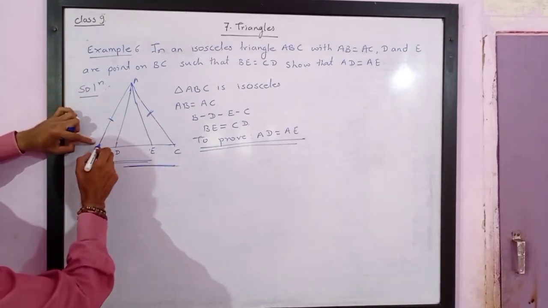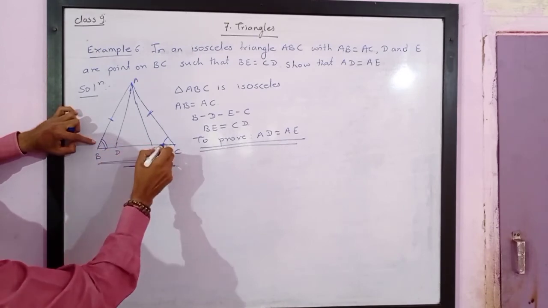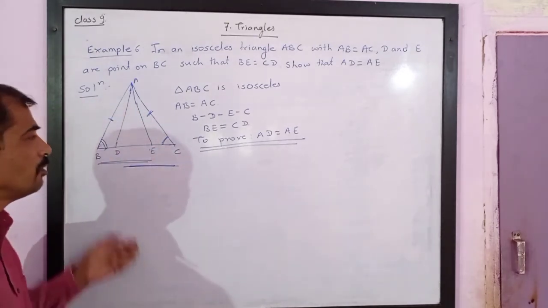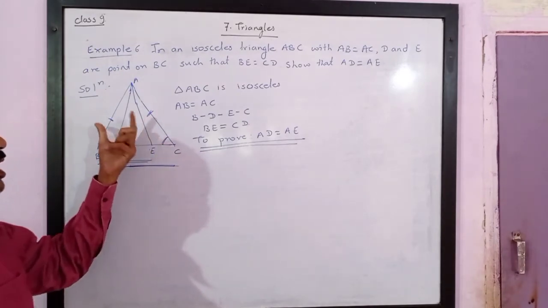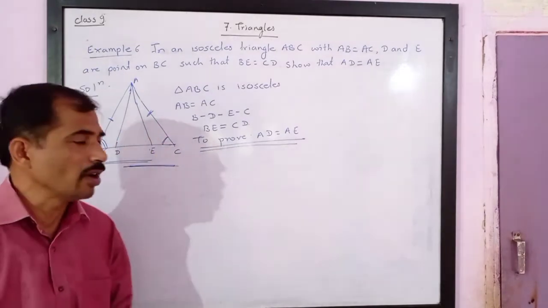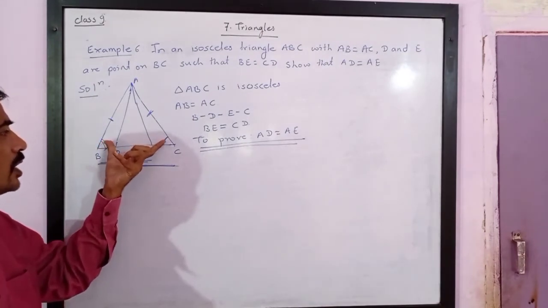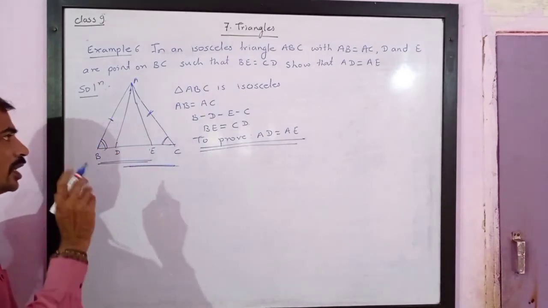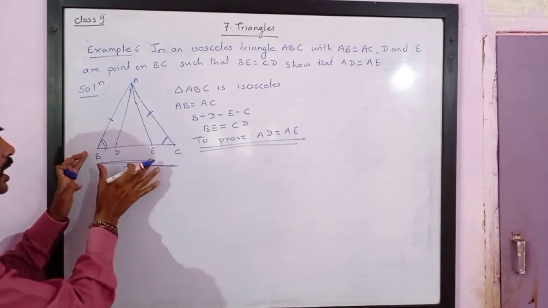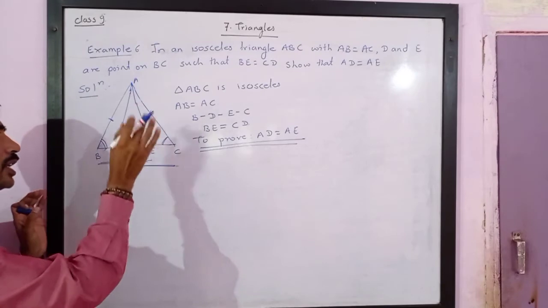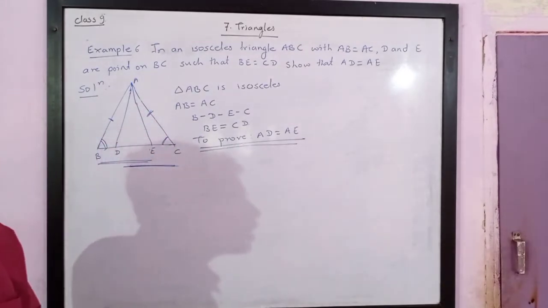Then we have these angles also congruent because they are angles opposite to the congruent sides. We have just derived the theorem before this that angles opposite to congruent sides in an isosceles triangle are congruent. Since these two angles are angles of an isosceles triangle, they are congruent. Then we are given that BE is equal to CD. So from this we will see that both the triangles are congruent by SAS test.